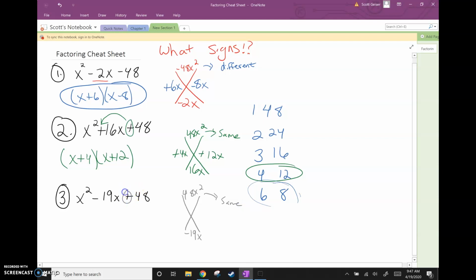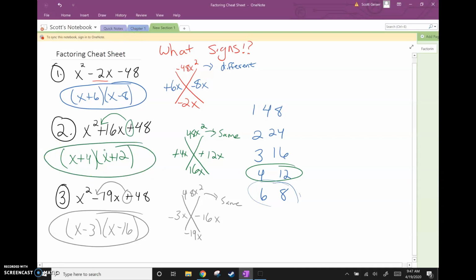I'm going to look back, and that means they'll both be negative. Now I have to figure out which one's going to give me a negative 19. It would be negative 3x and a negative 16x. I can plug those in: x minus 3 times x minus 16. And that would be your answer. Didn't circle my other one.